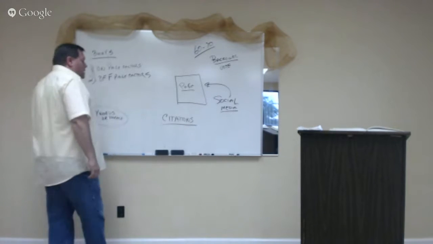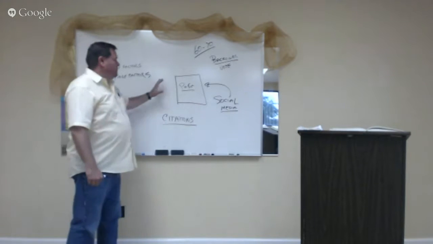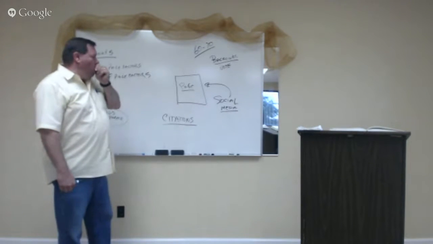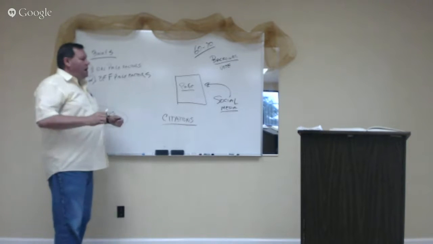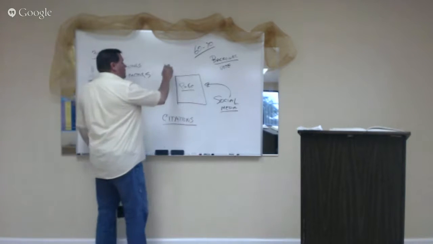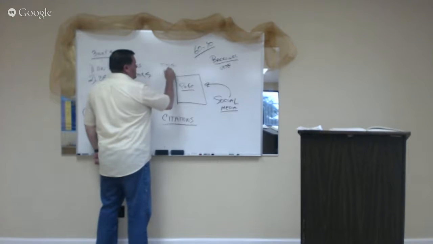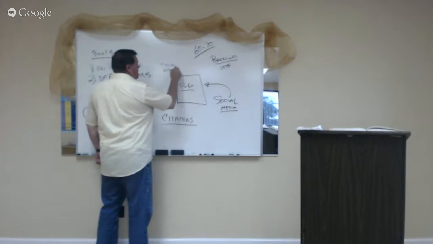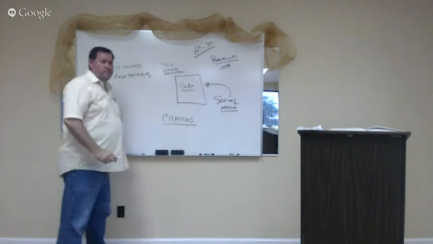Okay? So basically, Google comes along. I missed this on the on-page factor, so I'm going to cover this. It comes along and it looks at your title, it looks at your keywords, and it looks at your description of the page.